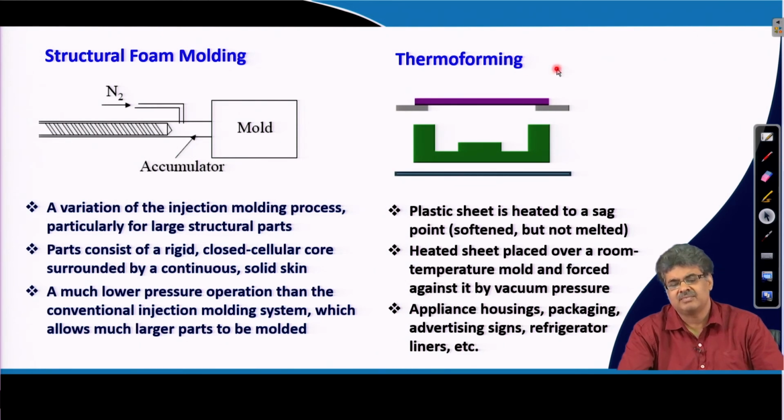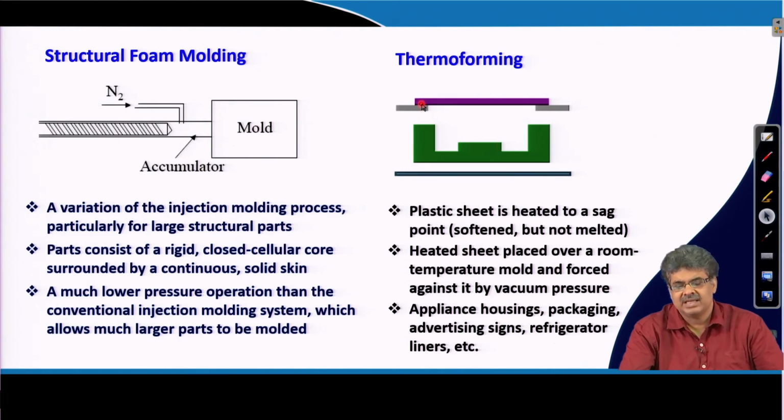Next we will talk about thermoforming. As the name suggests, in this case we have a shape which is the shape of the product we are planning to produce. These are used for products like trays and different packaging materials.